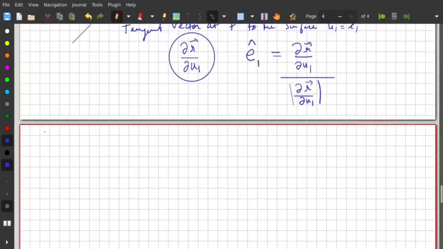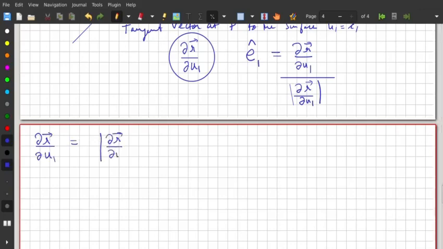So we can write this in a different way, in which del r del u1 is equal to the magnitude of partial r partial u1 times the unit vector, which we write as h1 e1, where h1 is just a scalar known as the scale factor, the magnitude of partial r partial u1.